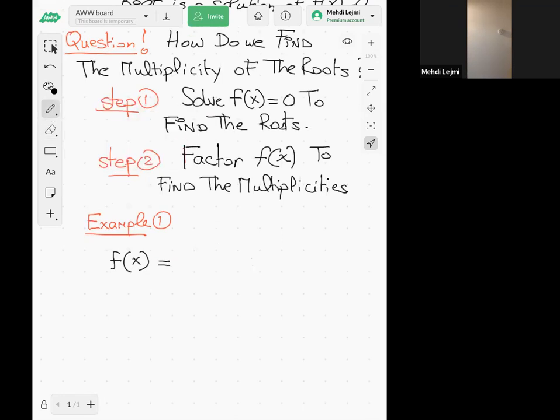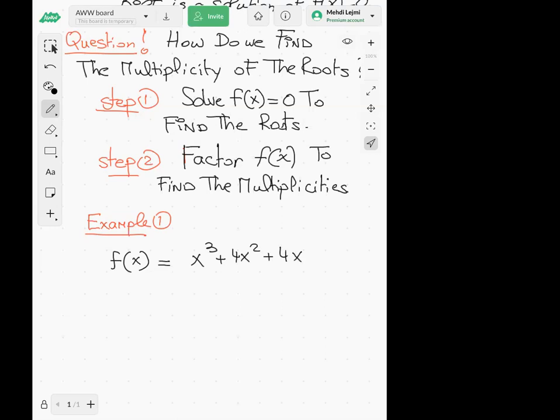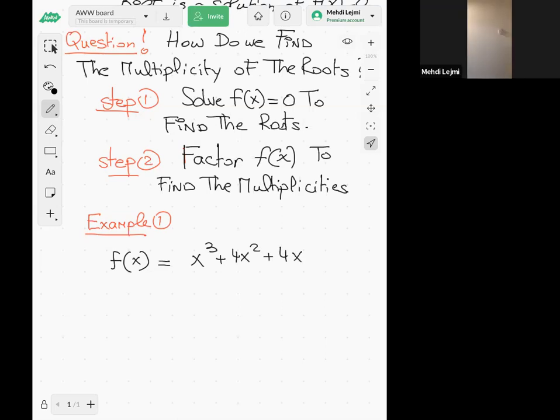So we said x to the third plus 4x squared plus 4x, right? The question here is to find the roots and their multiplicities.